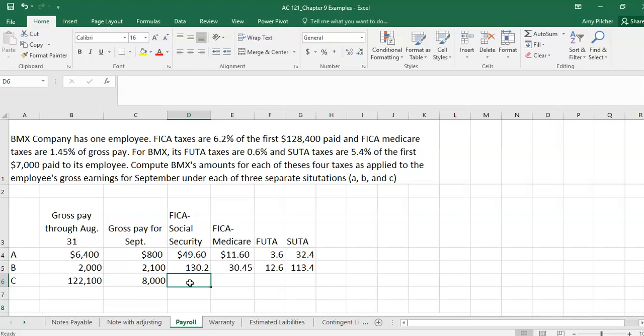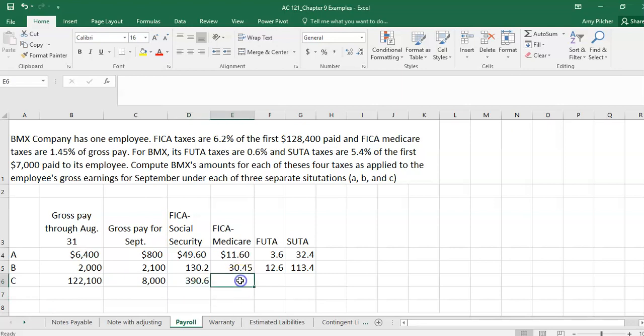So only $6,300 of that September paycheck is going to be subject to Social Security tax, because then they hit that threshold of $128,400. So we would take $6,300 times 6.2% to determine what their Social Security withholding is.